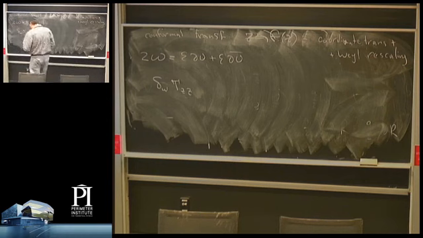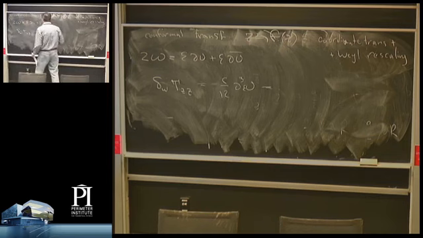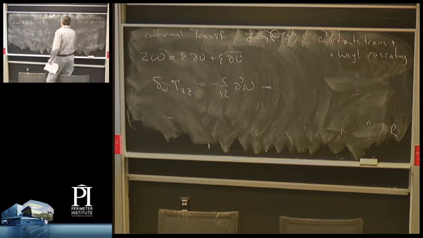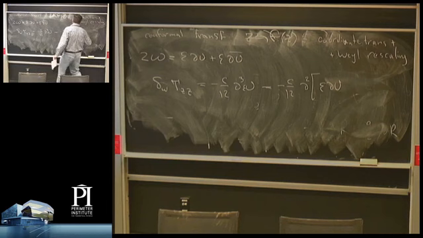So how do I write it down? It must be that piece, so it's minus c over 12 del cubed of b times epsilon. Now I'm going to write this down as minus c over 12 del of del squared of epsilon del b.